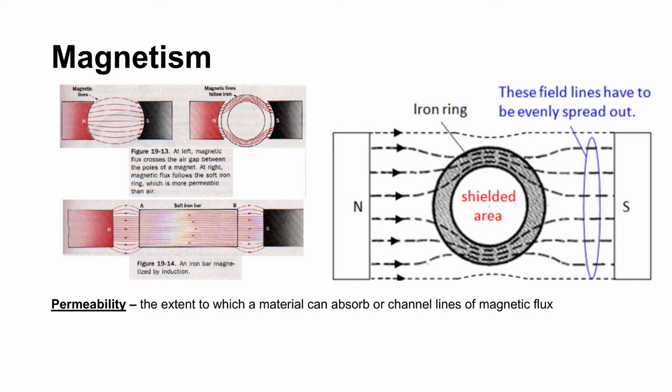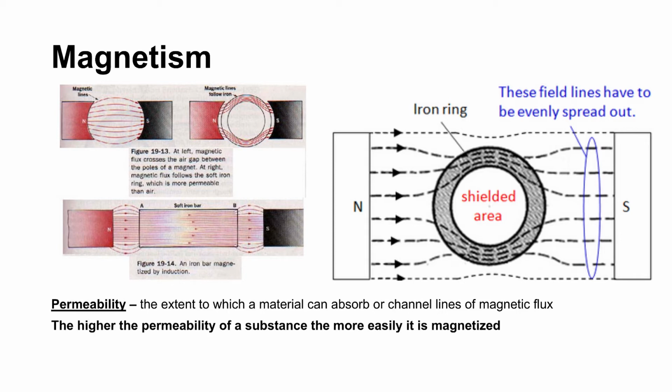And air has a permeability, and iron has a permeability, etc. And what these diagrams show is that ferromagnetic materials, that is, materials that encourage magnetic passage, channel the lines of force in a particular direction. And other types of materials prevent the magnetic lines from traveling through.